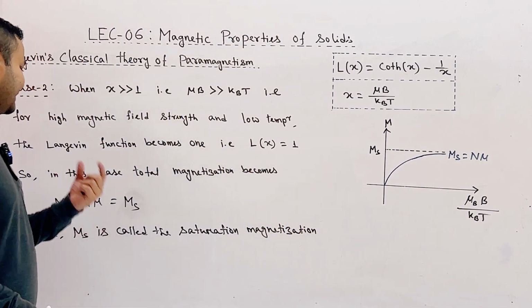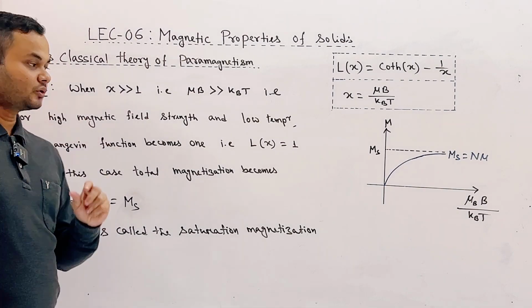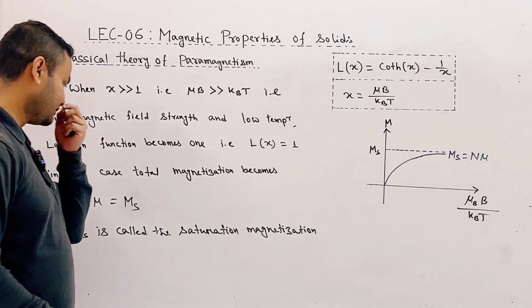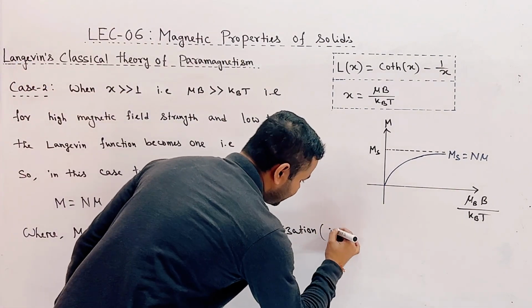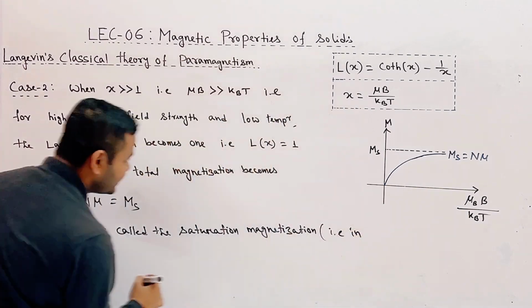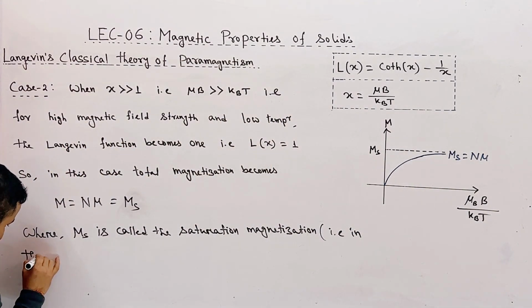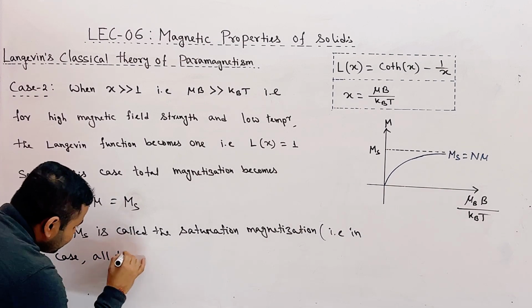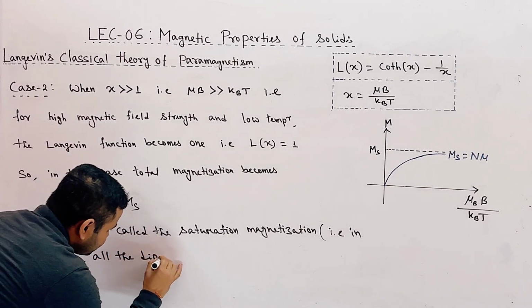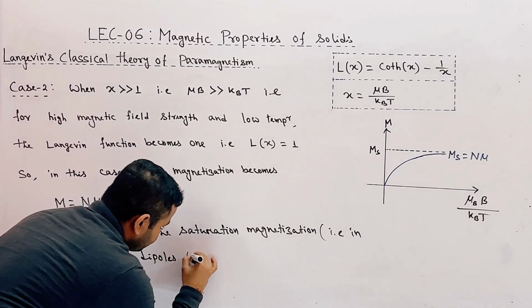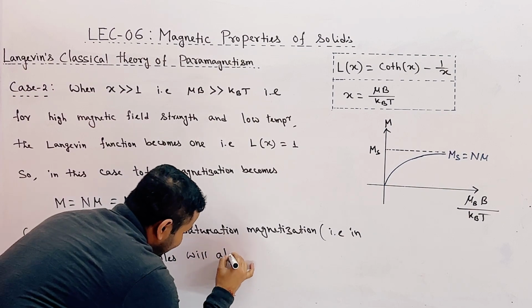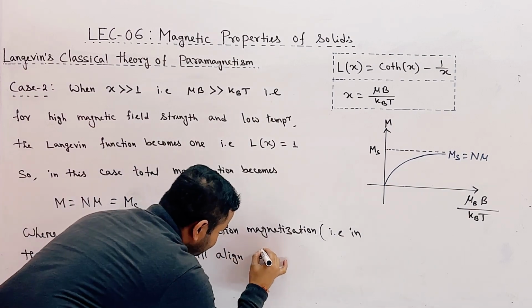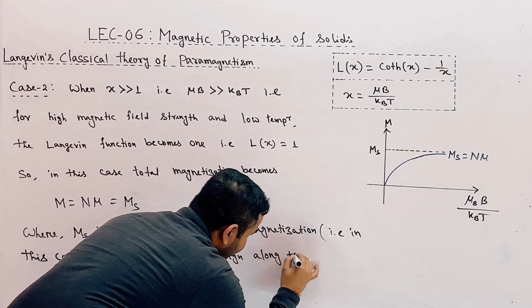That means in this case all the atomic dipoles will be aligned along the field direction. That is in this case all the dipoles will align along the field direction.